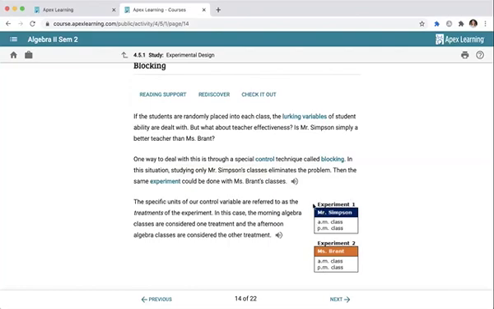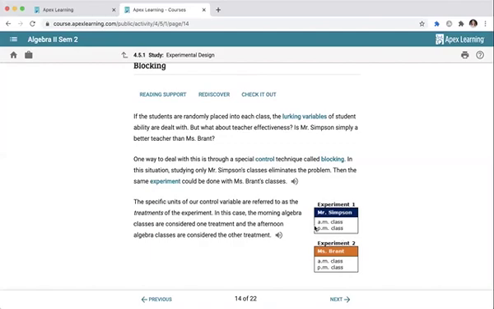That way we're not trying to compare Mr. Simpson to Mrs. Brandt. We're just comparing AM to PM, which again was the ultimate question: does taking the class at different times affect your scores? Same thing here with Miss Brandt. It's not comparing Brandt to Simpson, it's comparing her AM to her PM class. So this is a good way of doing this.